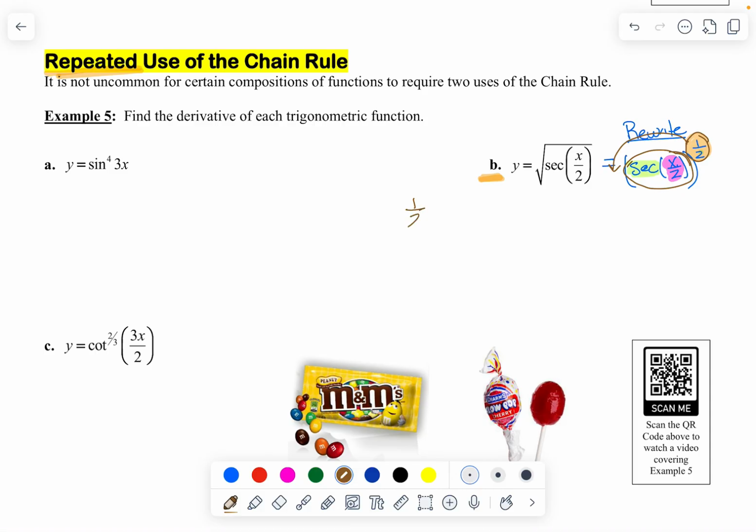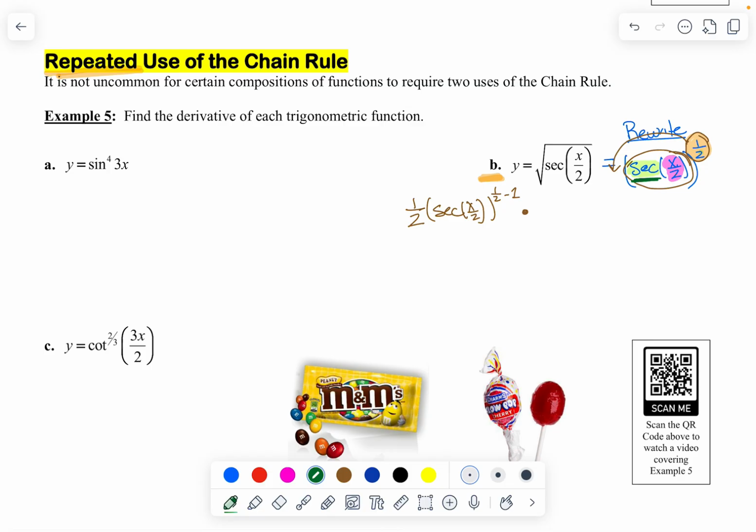So now we're going to have 1/2, all of this is going to come along for the ride, and now instead of half, it's going to be raised to 1/2 minus 1. We'll clean it up in just a second. But because there is a second function and a third function, the secant and the x over 2, still in here, I need to go ahead and apply the chain rule. So I need to still derive. The second part is going to be deriving the inside stuff.